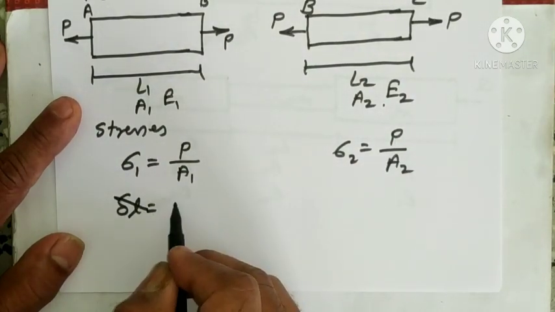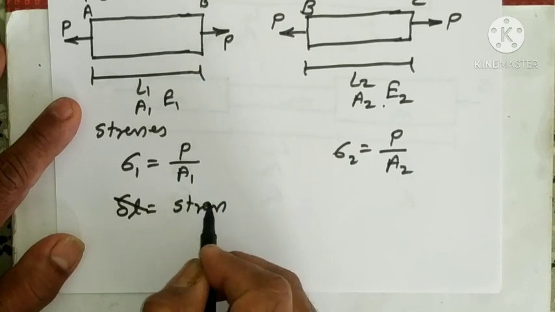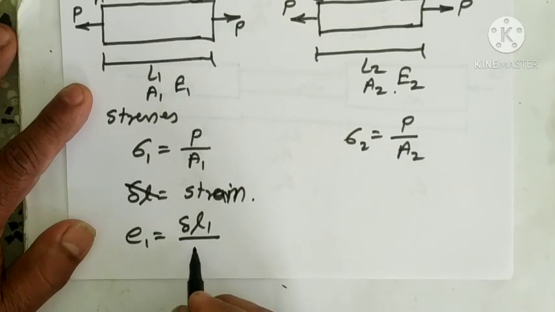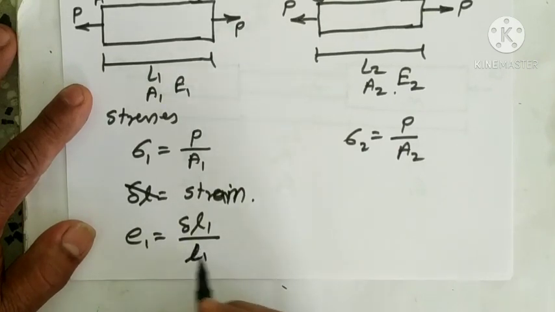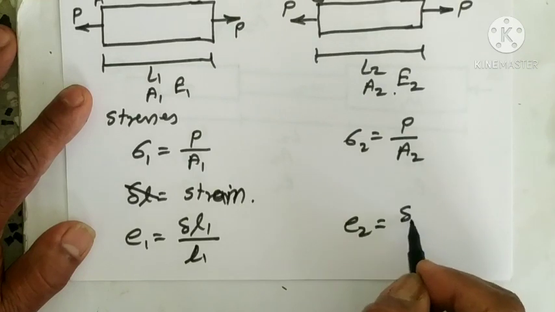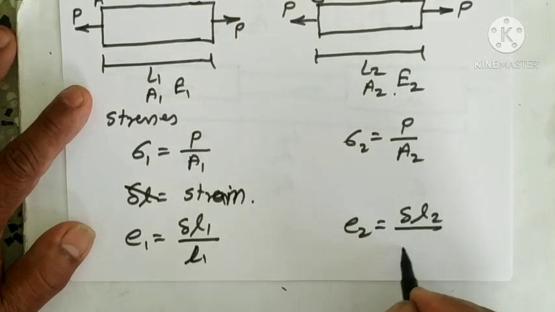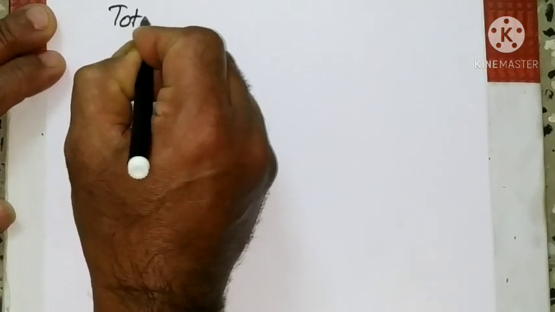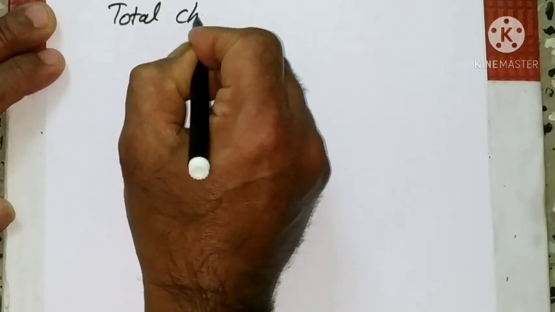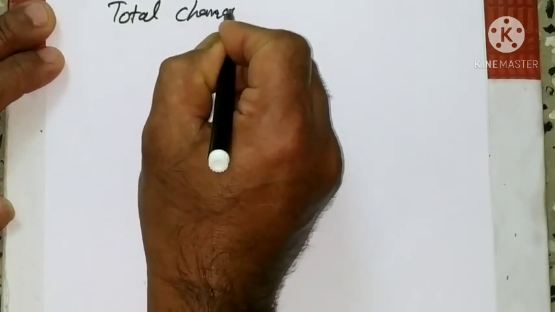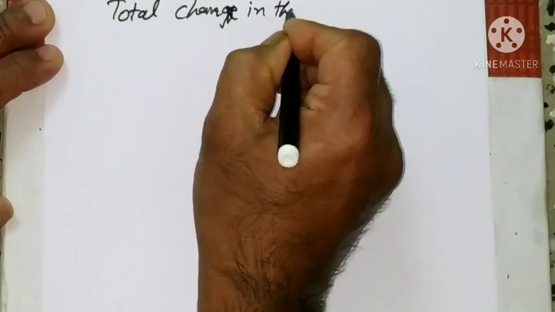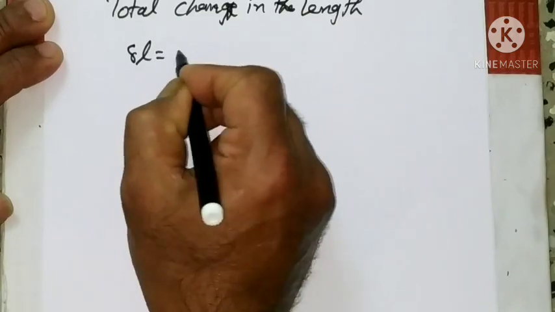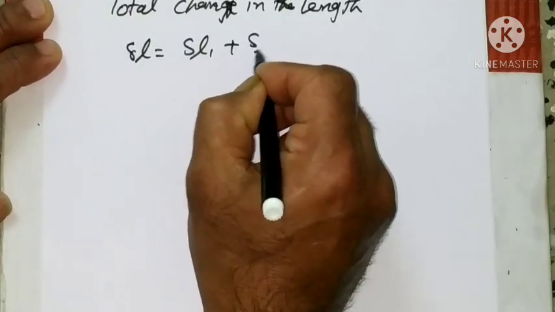Then stress, strain. Epsilon 1 is equals to delta L1 upon L1, epsilon 2 is equals to delta L2 upon L2. Total change in length delta L is equals to delta L1 plus delta L2.